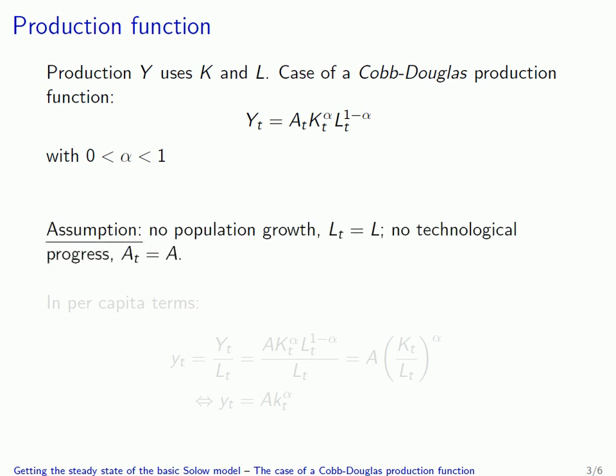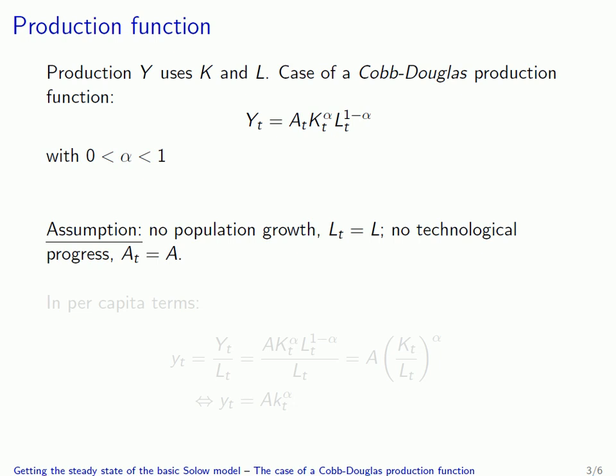Here I'm going to make two very simple assumptions. The first is that the population is constant, so L_t is equal to L. And there isn't any technological progress, so A_t is equal to A, also a constant.